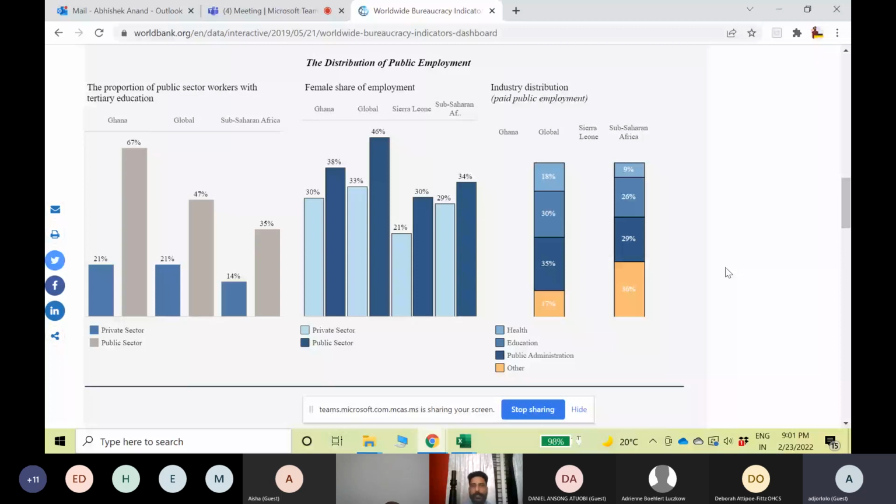Great point. Anyone else would like to come in? Yeah, Abhishek. I have a little bit of observation. Comparing the proportion of public sector workers with tertiary education, I don't know the time period for this data, because it may rise, and it may also drop, because in 2015 Ghana went to the IMF for policy credibility to support the economy.